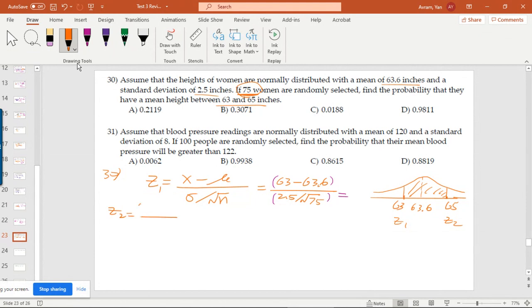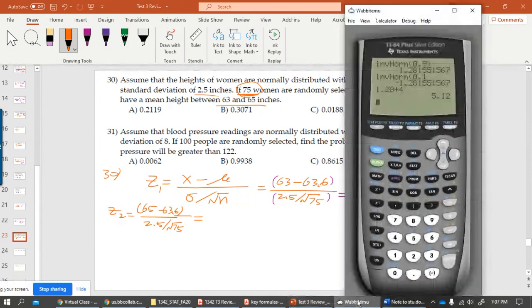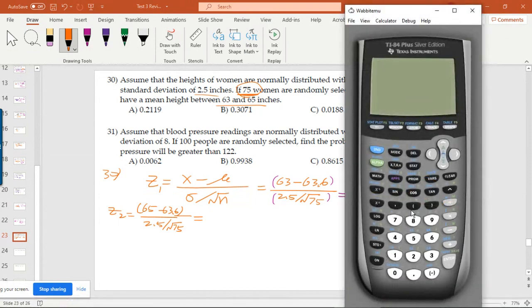That's the second one, which is very similar. You're using 65. All right, so we can just put these two into the calculator and do the calculation.